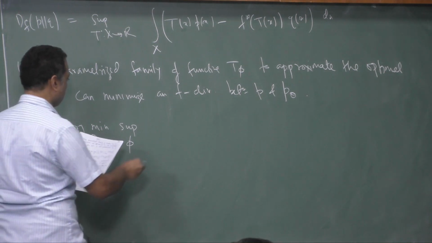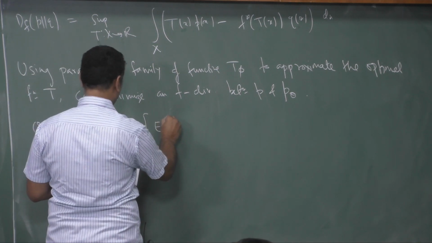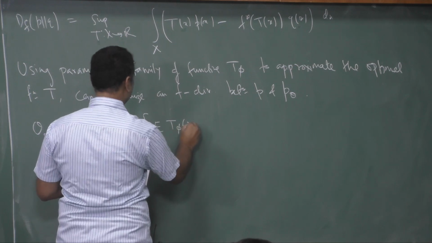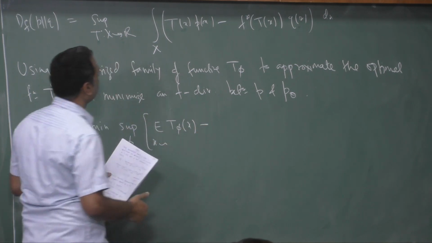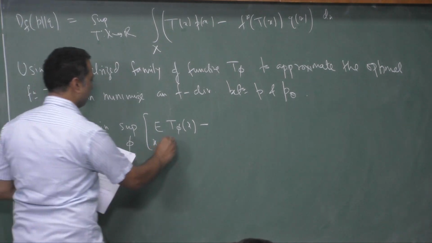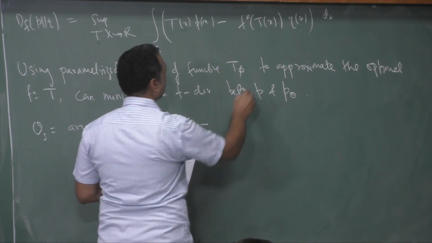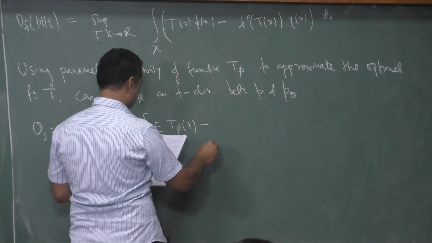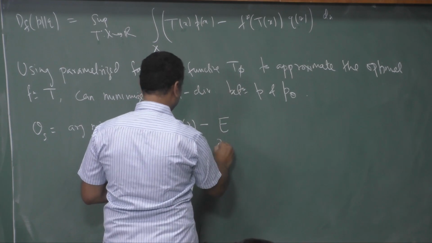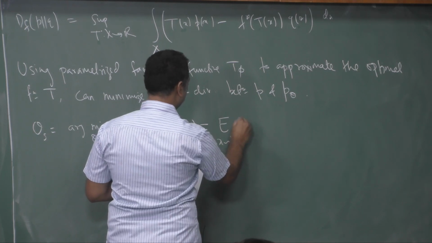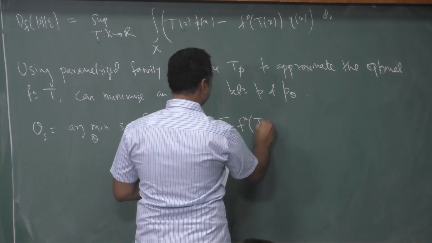We have the expectation of T phi x, where x follows P, minus, and Q for us is P theta, the expectation where x follows P theta of f star T phi x.